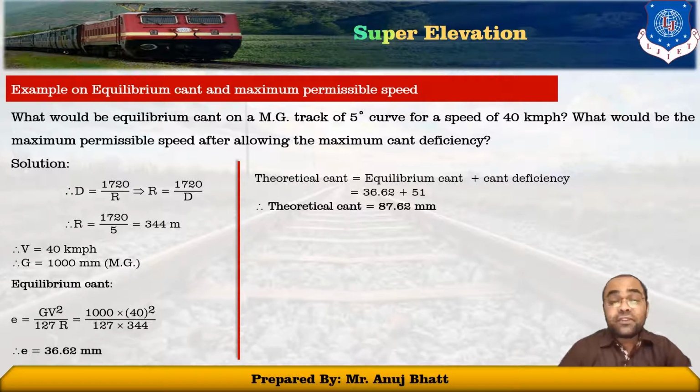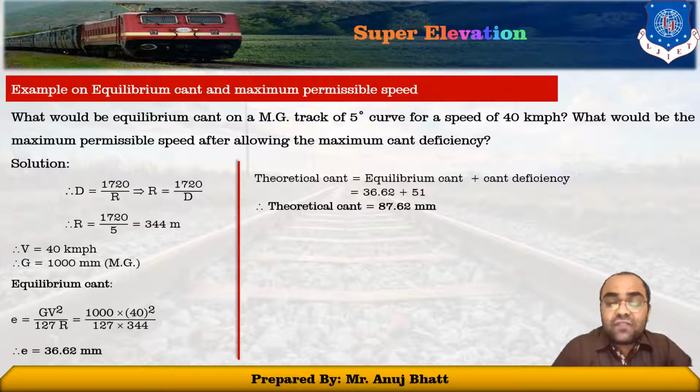For the meter gauge, the maximum cant deficiency allowed is 51 millimeter. The equilibrium cant that we got is 36.62 millimeter. So the theoretical cant would be 36.62 plus 51, which is 87.62 millimeter.